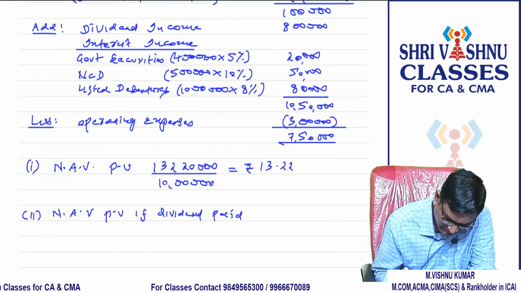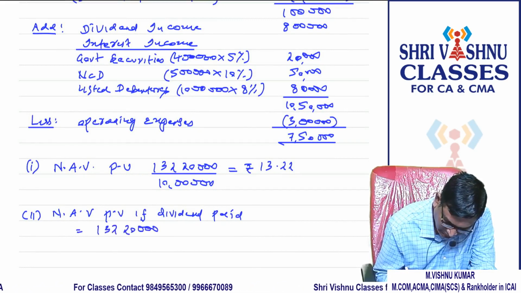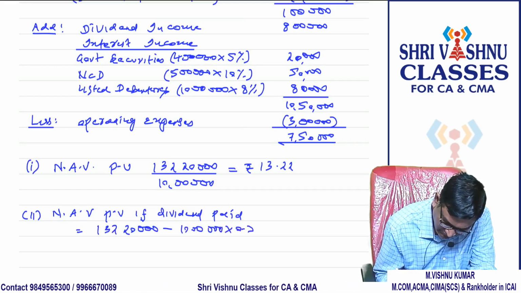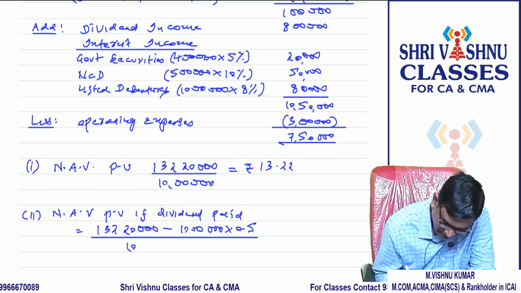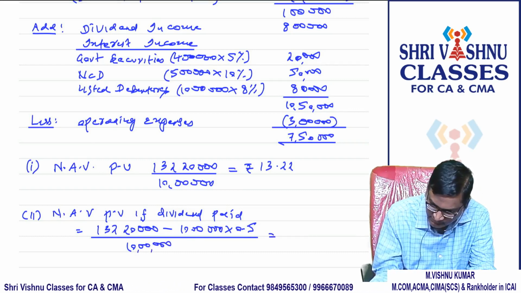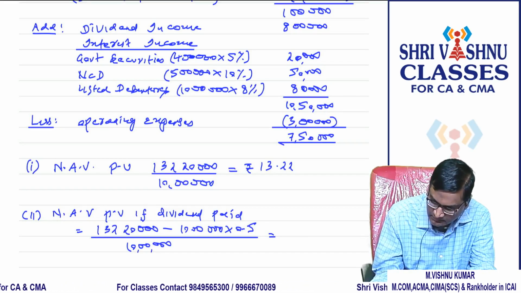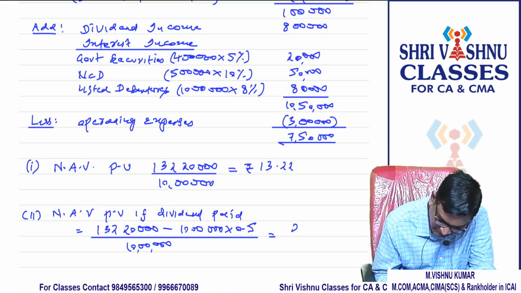Dividend paid: 10 lakh units, dividend 50 paise. NAV comes to 12.72.